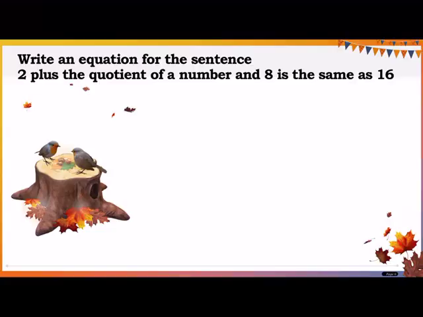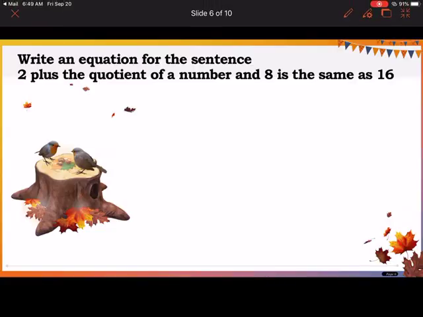Write an equation for the sentence 2 plus the quotient of a number and 8 is the same as 16. So we have to determine what we have. I see a number, so I can determine this and say this isn't any variable I want. I'm just going to pick x because I like x. So I'm going to start at the beginning of the sentence here. I'm just going to go 2 plus the quotient of a number and 8.